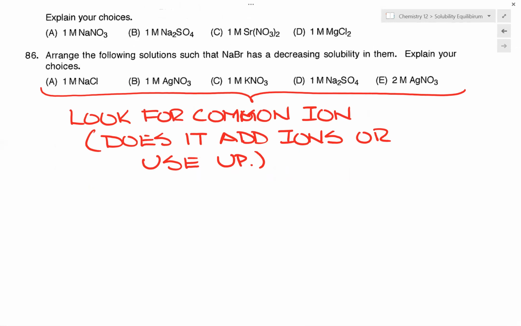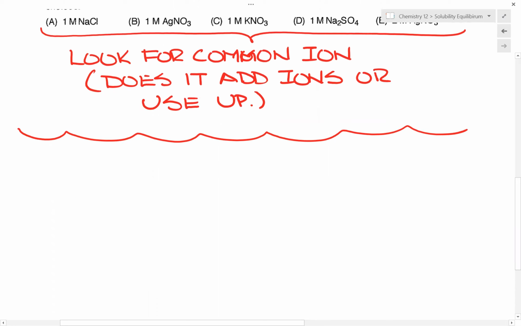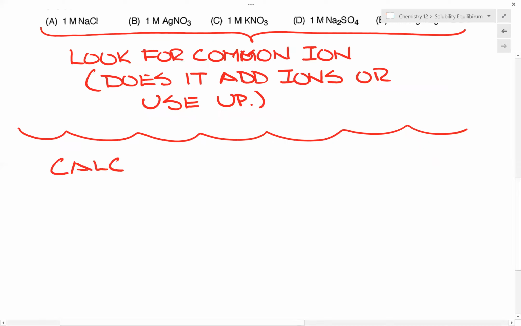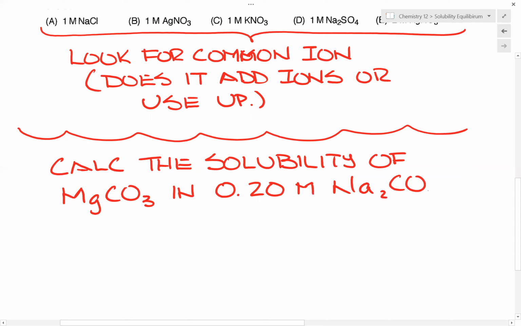Now, let me give you an example of a typical calculation for the common ion effect. So let's say, for example, calculate the solubility of MgCO3 in 0.20 molarity Na2CO3.